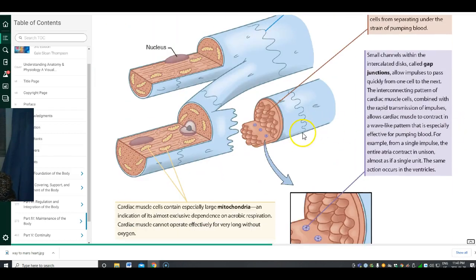This happens because there are small gap junctions in between them, and they allow the cardiac muscle to conduct in a wave-like pattern, especially important for pumping the blood. Also, you'll see especially large mitochondria because you need to have a lot of aerobic respiration. Okay, good.